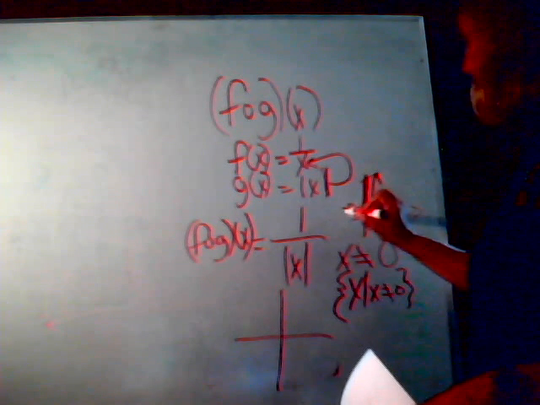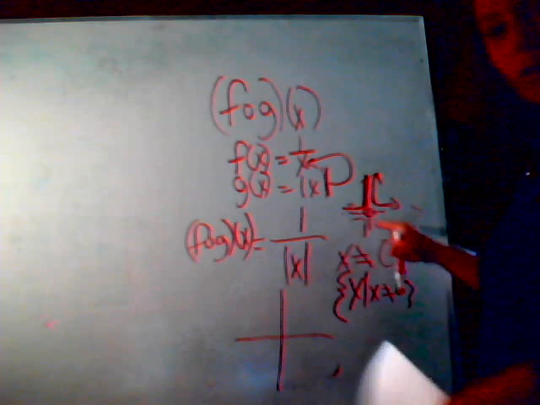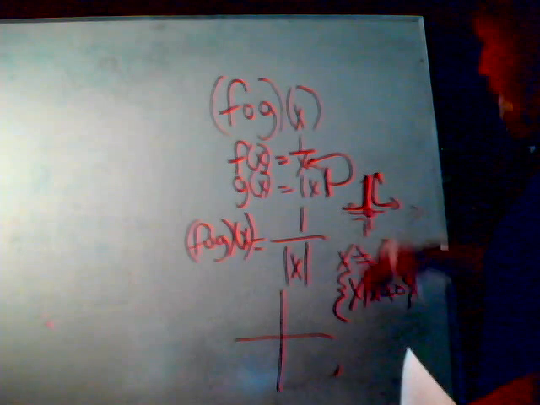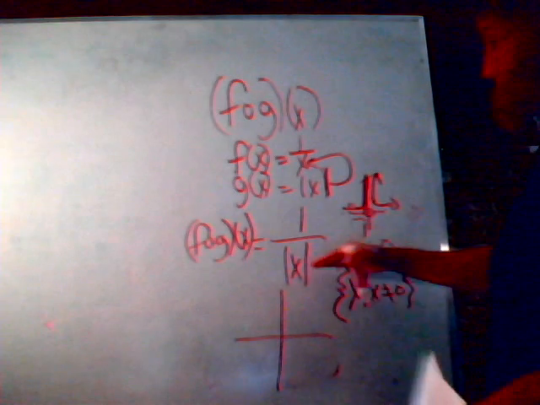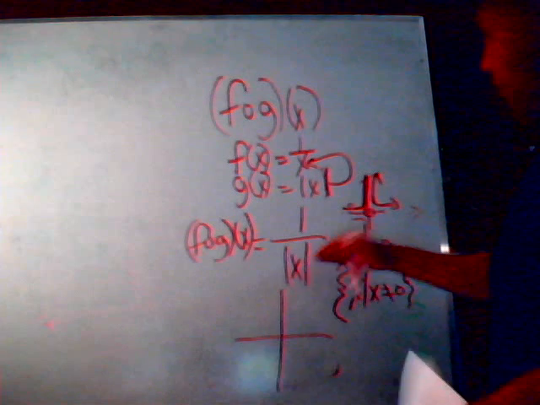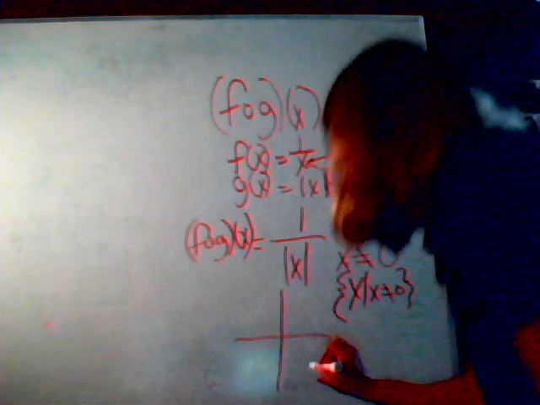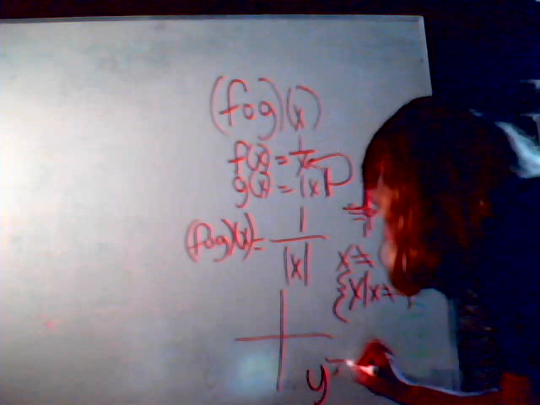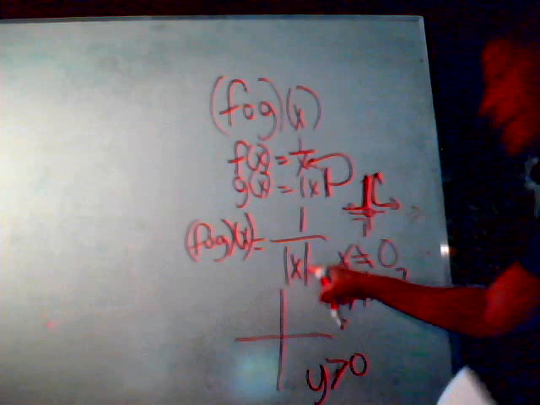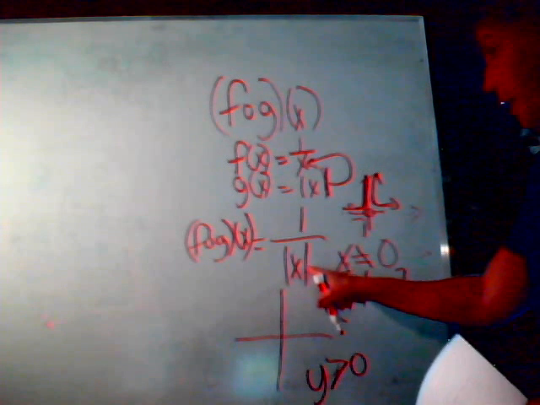But we know that x has a hole at 0, and y can never be negative because we're taking the absolute value. So that means it would be all the y's greater than 0. Now it can't be 0 because you can't plug a 0 in.